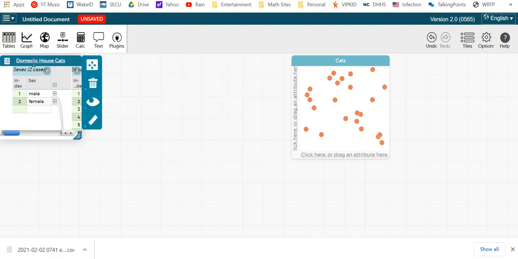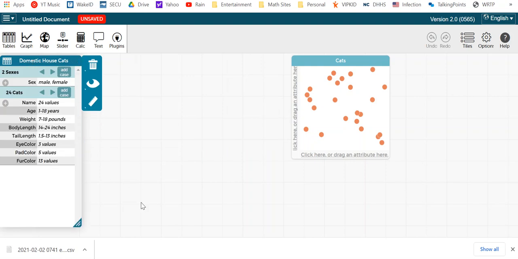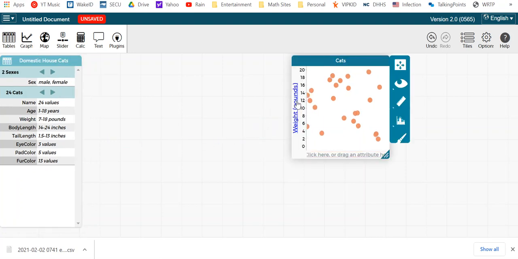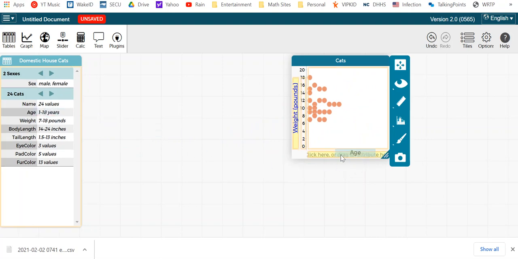Switch to case card. All right, if we're not going to do body length, let's do weight, would be an interesting one. Weight versus age would be interesting. Let's do the weight here. And let's do the age here.